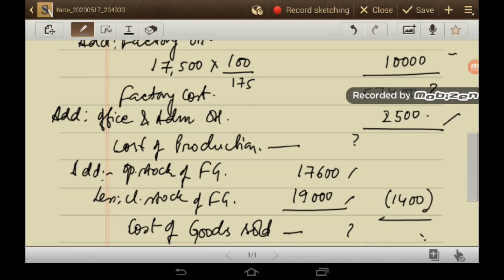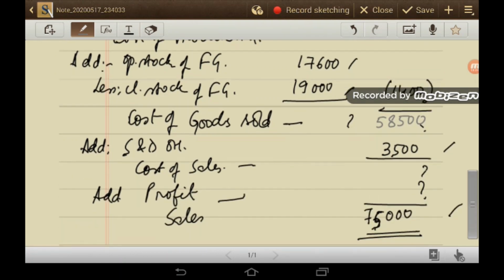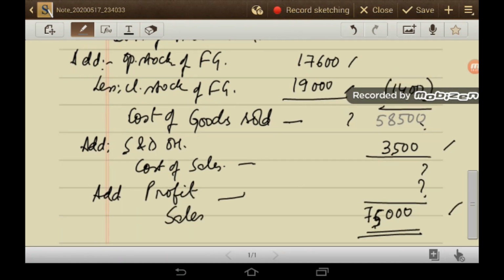So factory cost 57,400 and office overhead, these two will be added up to arrive at cost of production 59,900, and cost of goods sold will be 58,500. So 59,900 minus 1,400 will give you cost of goods sold 58,500. Then selling and distribution overhead is added to arrive at cost of sales. So cost of sales is 62,000 and your profit is 13,000, which is a balancing figure because your sales value is 75,000.